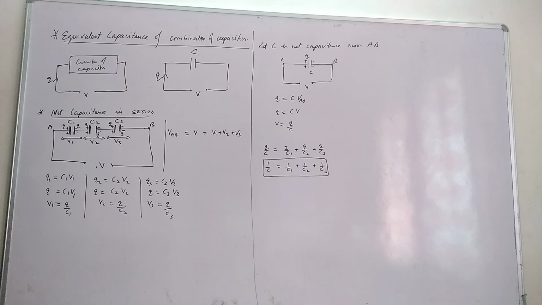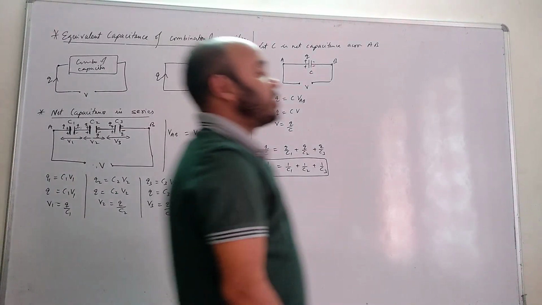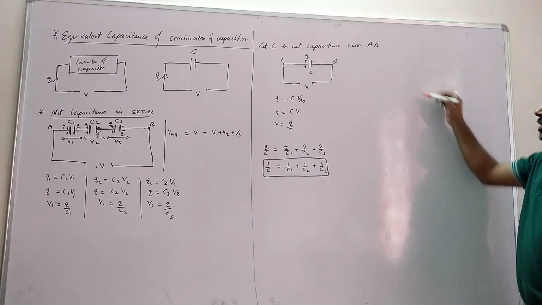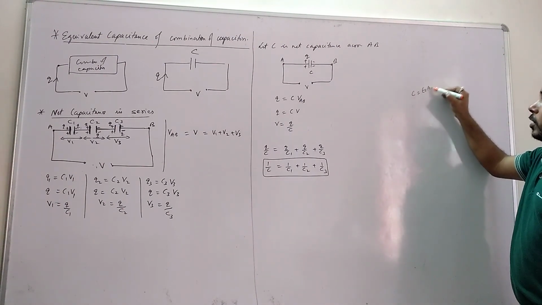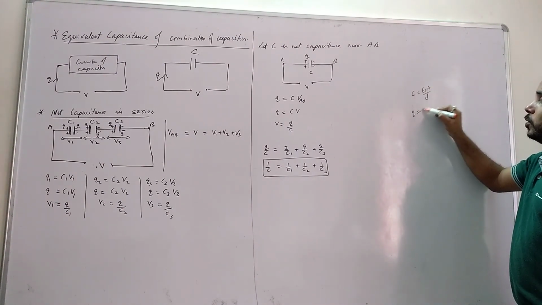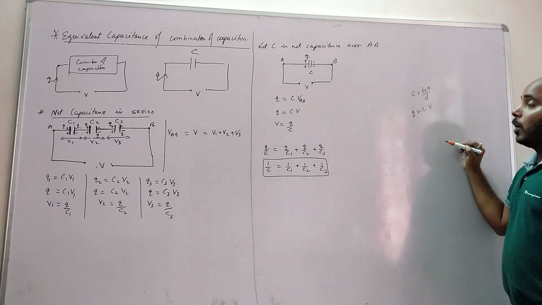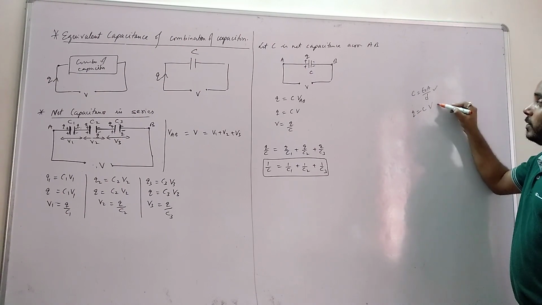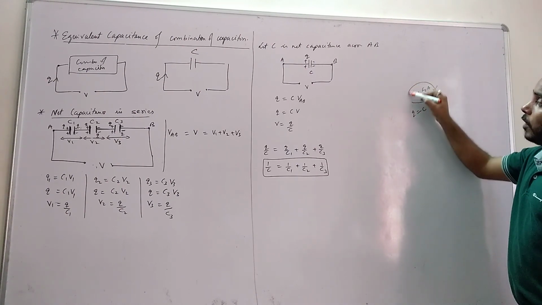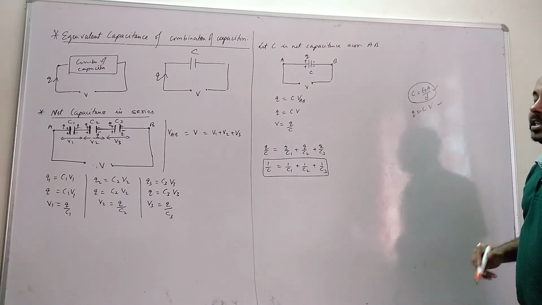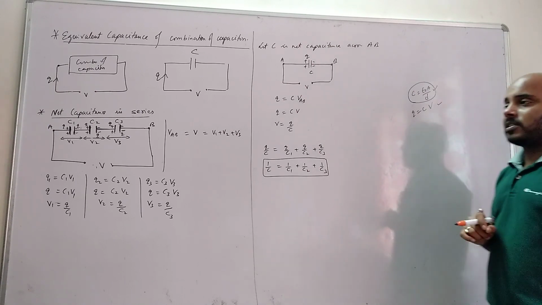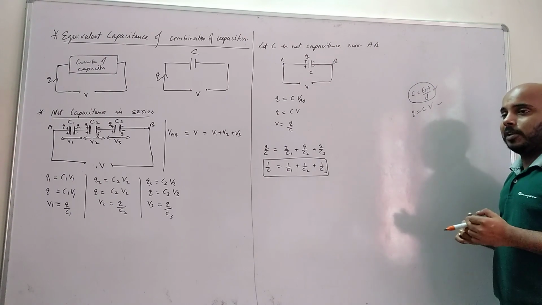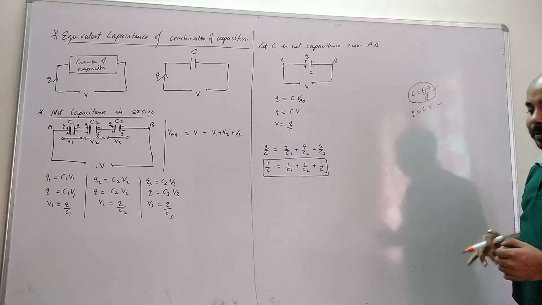Now, with respect to capacitors, I told you we have 2 formulas of capacitance. One is epsilon naught A by d, the other is Q equals CV. We apply epsilon naught A by d when there is a change in the construction of the capacitor, like changing the area, the separation between the plates, or placing a dielectric between the plates.